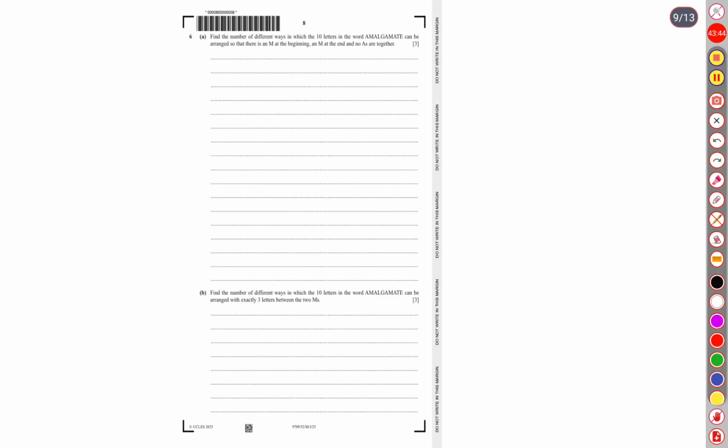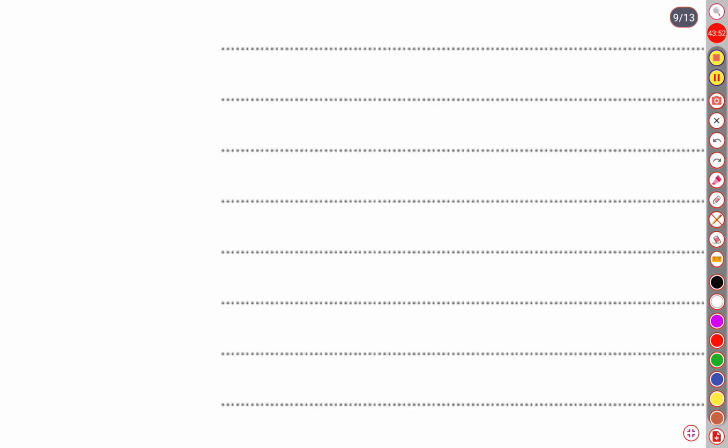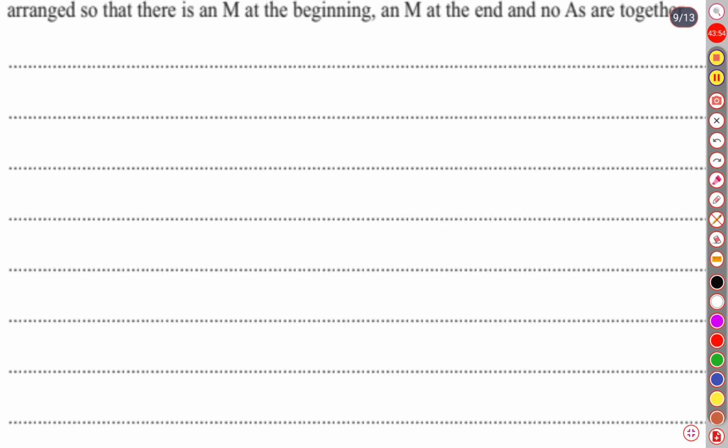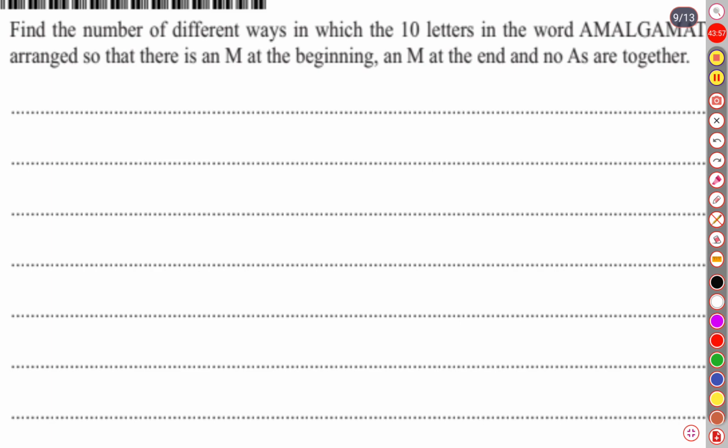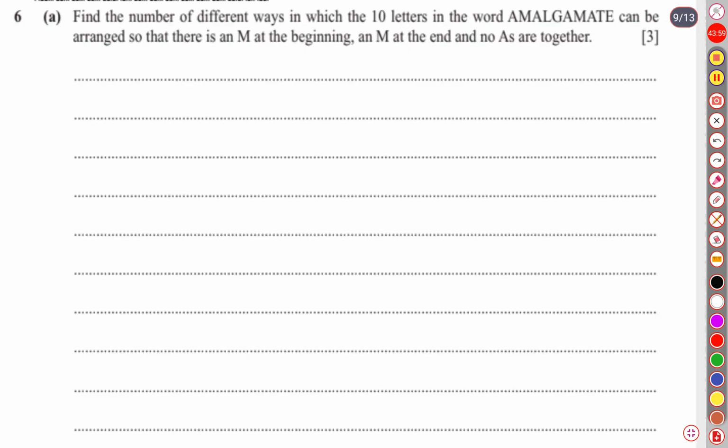The next question is question number 6. Question number 6 says: find the number of different ways in which the 10 letters in the word amalgamate can be arranged so that there is an M at the beginning and an M at the end and no A's are together.